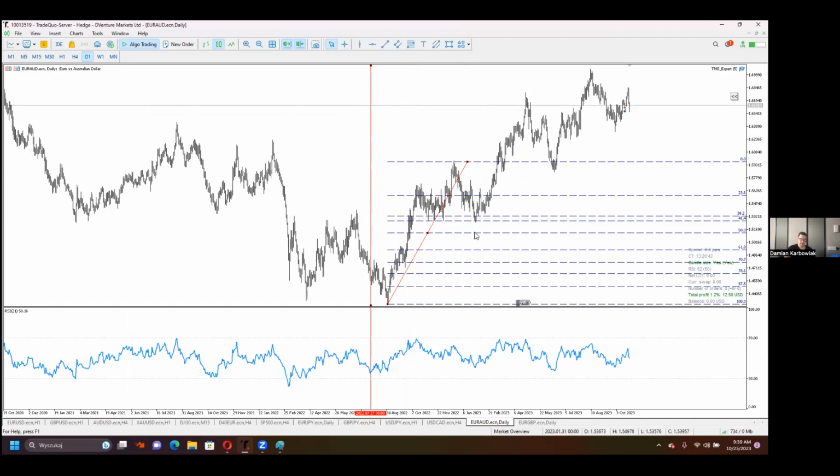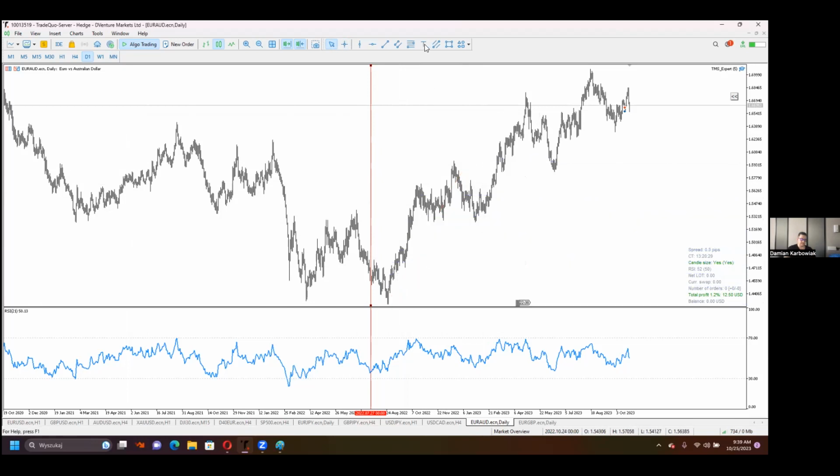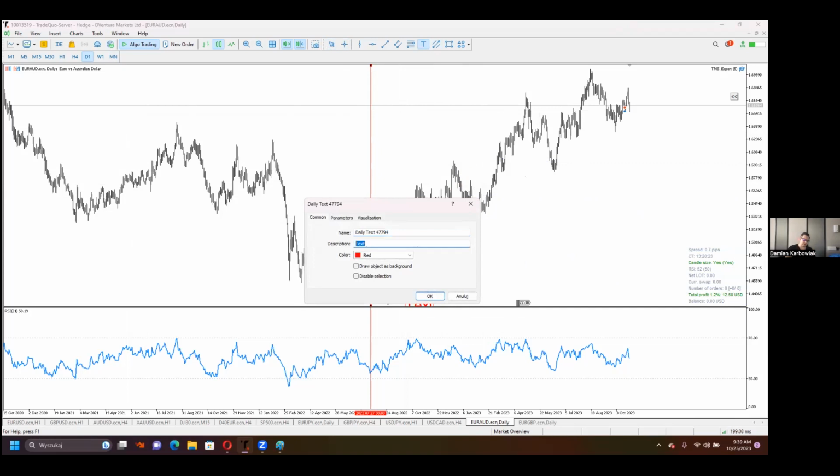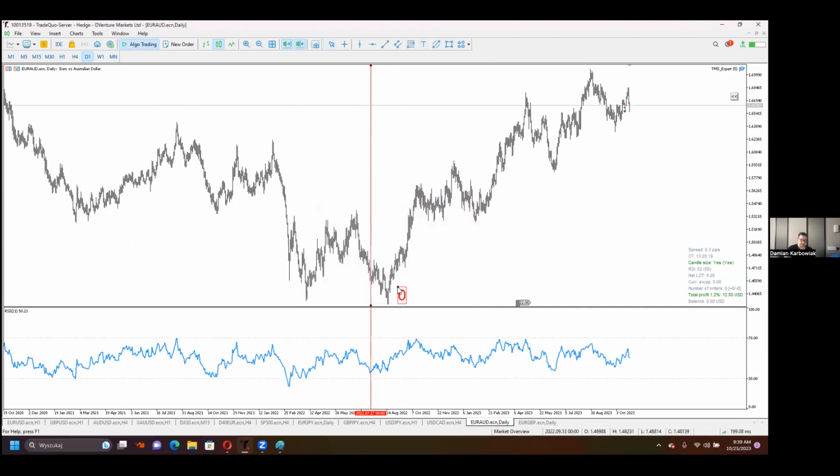So it looks like we can put our shallow A and try to find the B and the C. That's why we are trying to sell this market right now, because I guess that the shape of the correction is not finished yet. So what I would do in this case, if we talk about the buy scenario, I will put my local zero right here, because this is the end of the wave C. I will go with the small one.